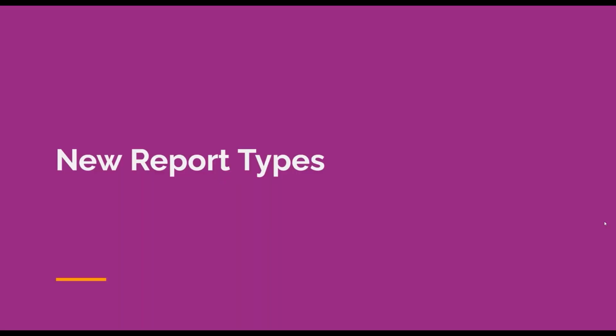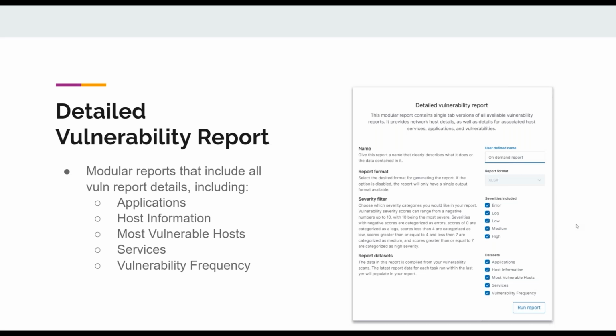So for 2.19.0, that we had a couple months ago at this point, we keep building out and adding more and more report types. A couple of the ones that we've included have been enhancing things that you can get out of the vulnerability scanner.